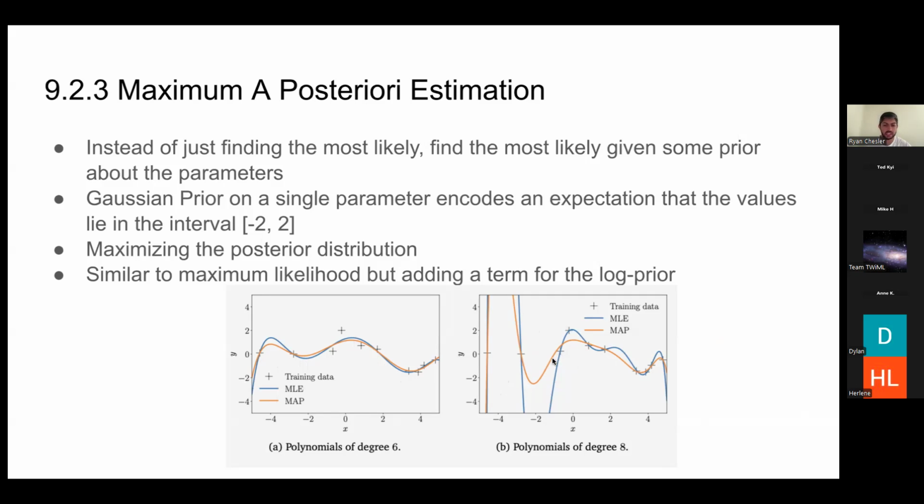The MLE is saying, no constraints, fit this as closely as you possibly can, and the MAP has that prior encoded into it. So it's saying, I expect my parameters to be within a certain space, so don't just oscillate wildly. Don't be completely unconstrained, basically.